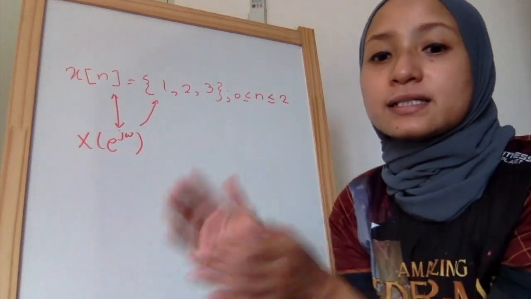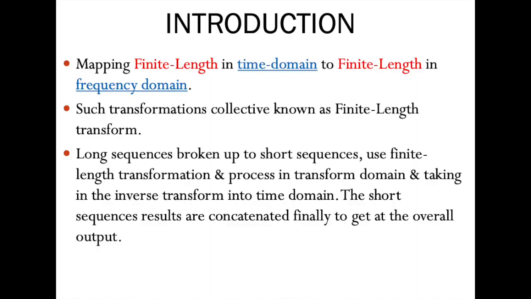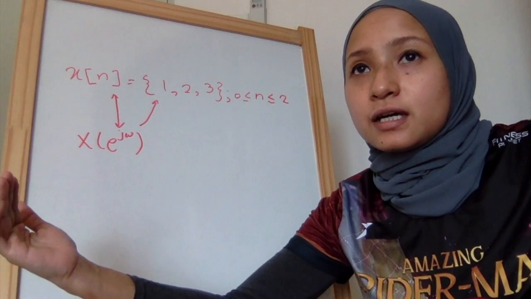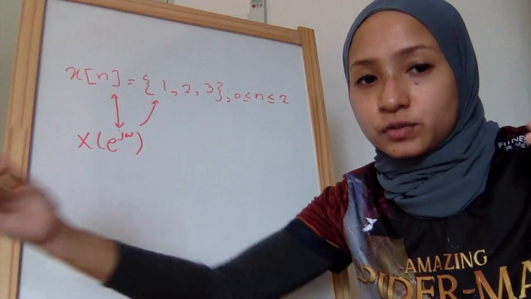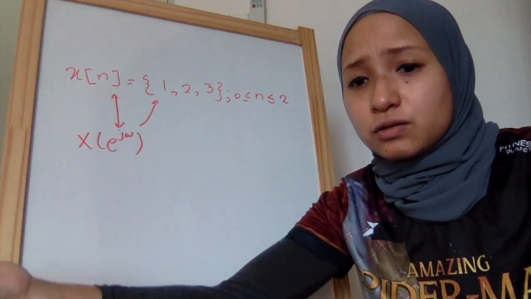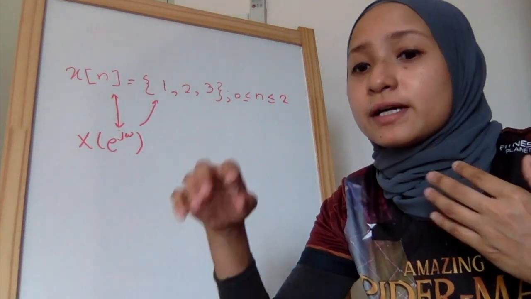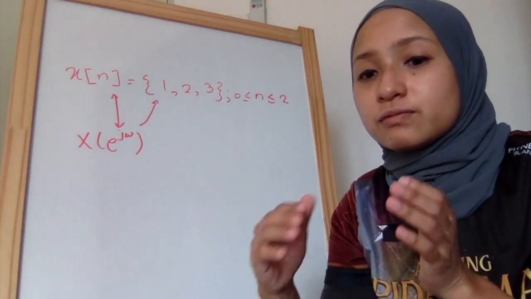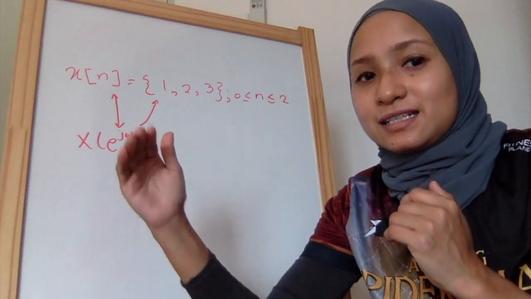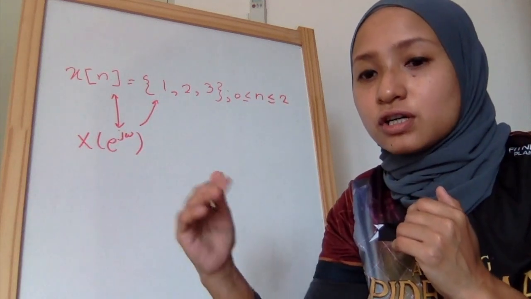Let's say we have a long sequence. In this case, for example from -8 to 8, it is a very long sequence. So to apply finite length transform, first we are going to cut the long sequence into short sequences.